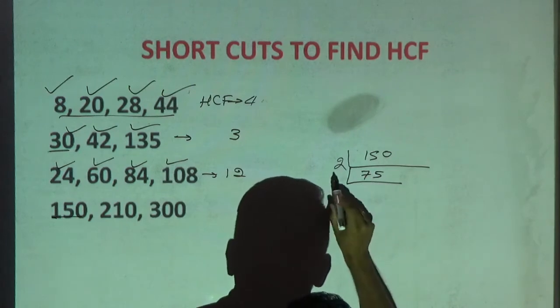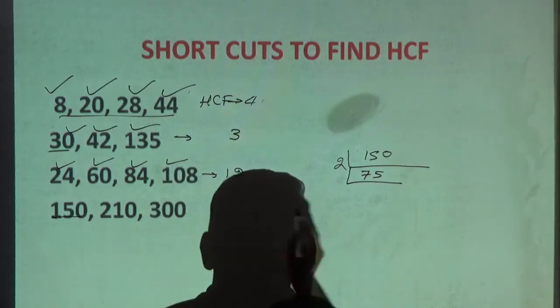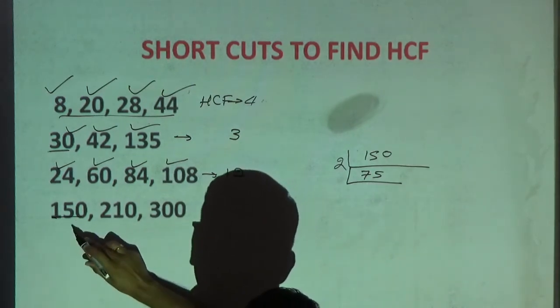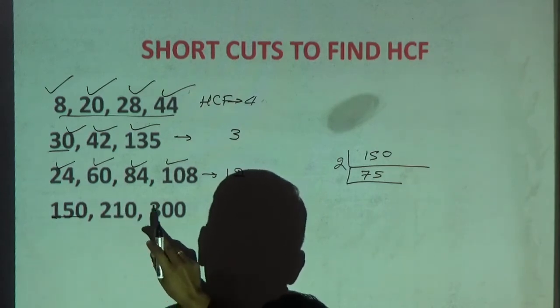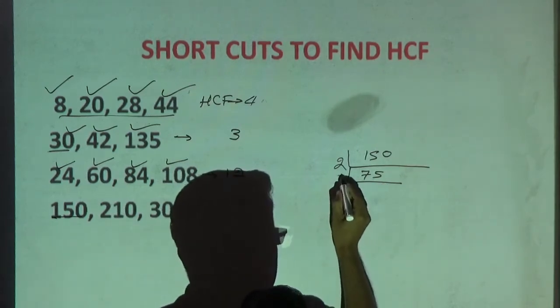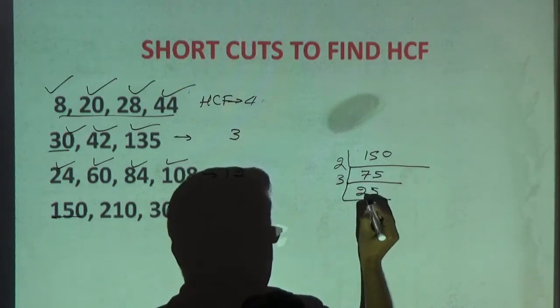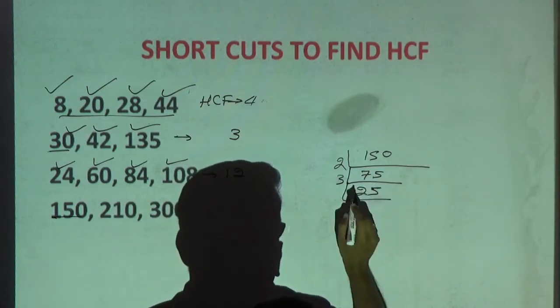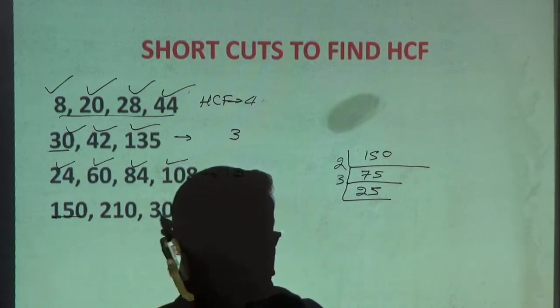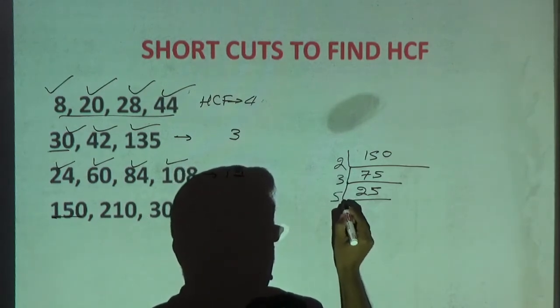Now check whether you can divide all the numbers from 2. Yes. Whether you can divide from 75? 75 2 times, but 210 is not divisible by 75. Further I will go. From 3? Yes, I can divide. 3 2s are 6, 3, 5 times. Now please observe: from your 25 I can divide all the numbers? No. Okay, further I will go 5 times.